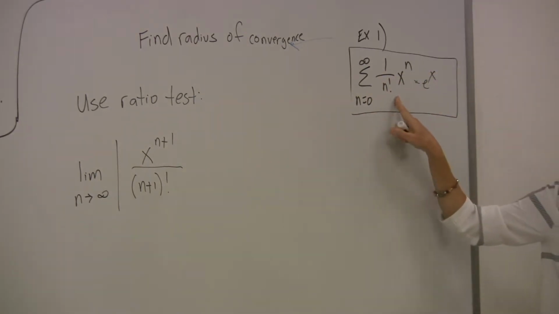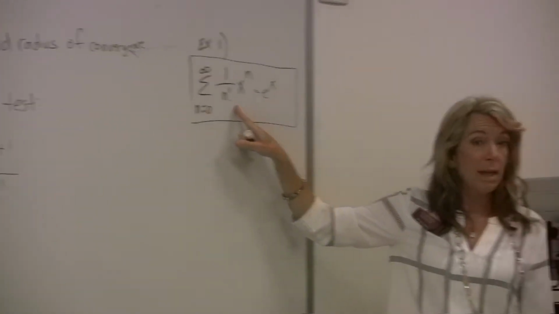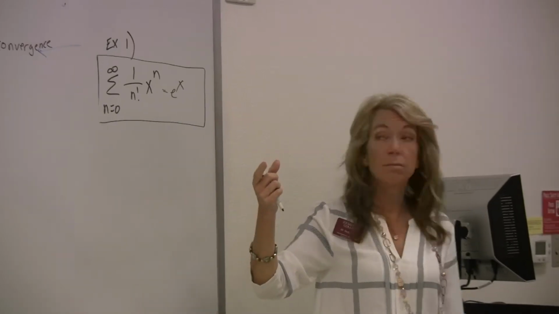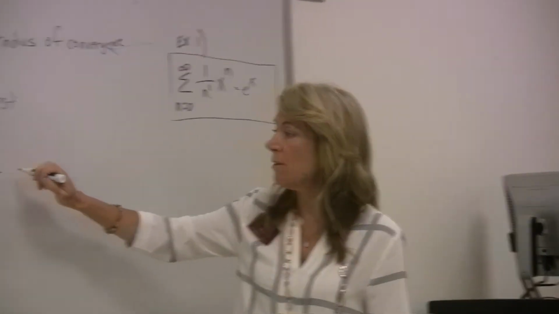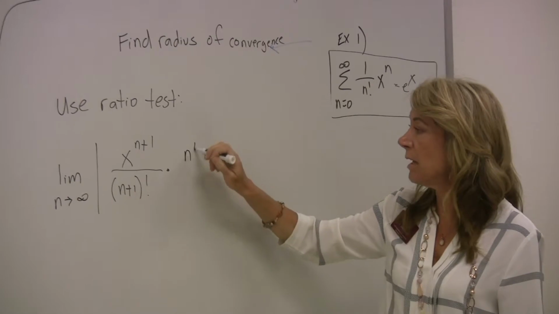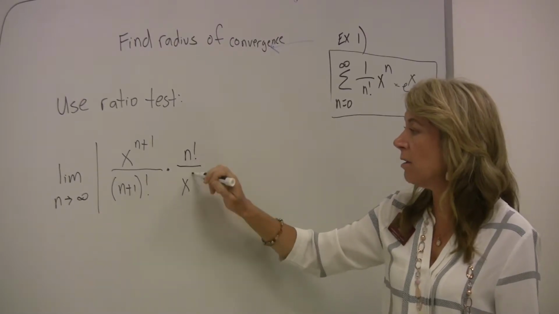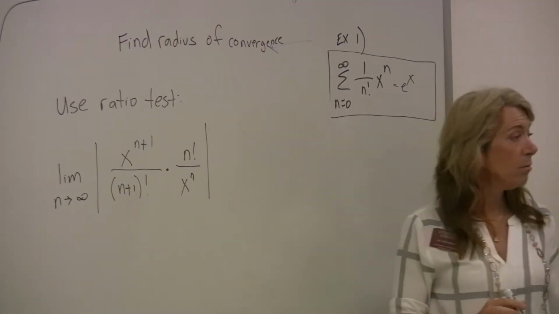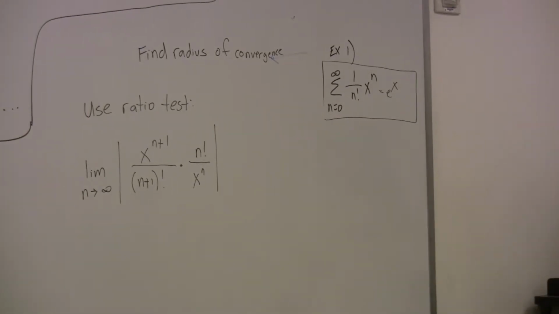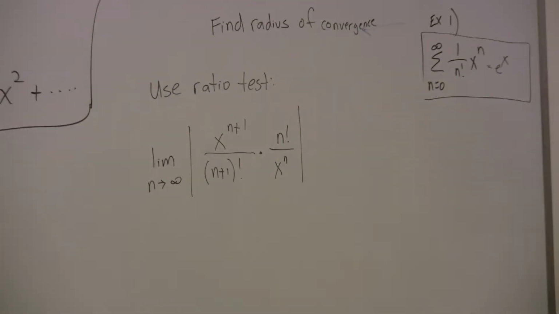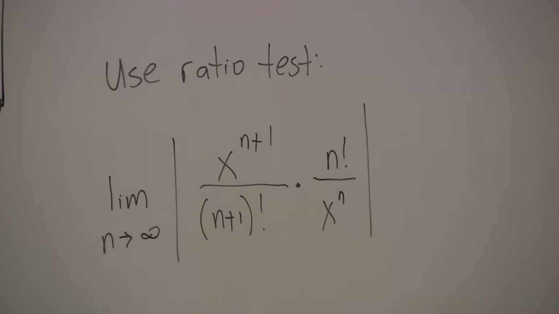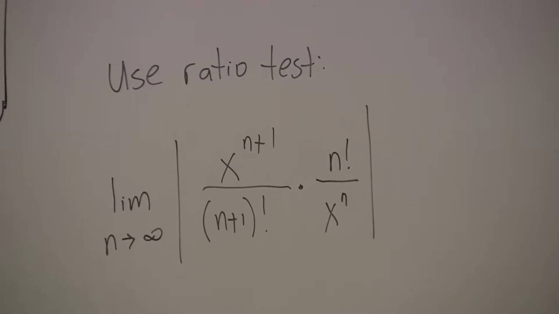Then I want to divide it by the nth term, so I'm just going to take the reciprocal and multiply. Hopefully we've done enough ratio tests by now that this looks familiar.